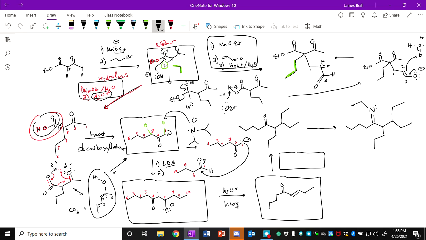If we add H3O plus and heat to that, we get the same 10 carbon chain. Oops, I made a mistake when numbering it. Let me make my numbering system match. I started here with carbon 1, so that'll be here. 1, 2, 3, 4, 5, 6, 7, 8, 9. Yeah, I did miscount it. 10.